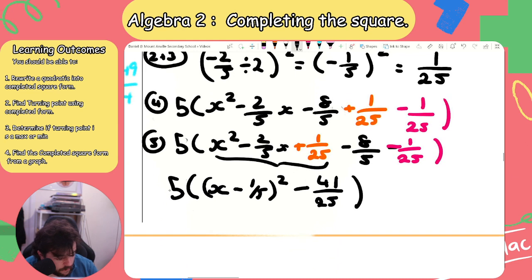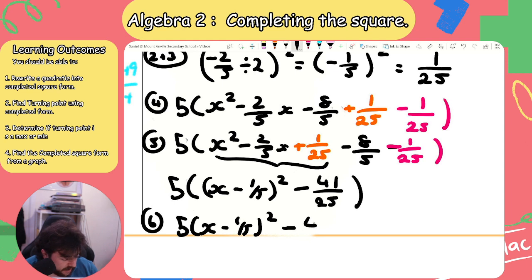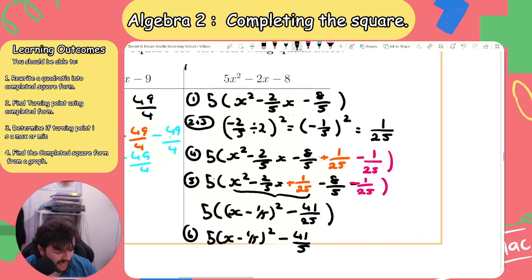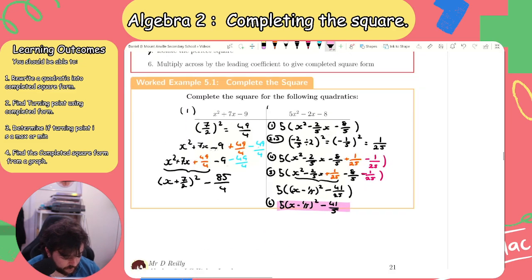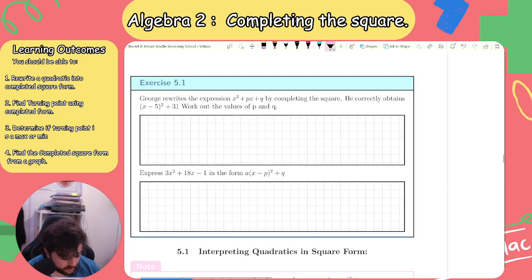Then finally, step 6, multiply in this 5 here. So I'm going to have 5 times (x minus 1/5) all squared, and 5 times minus 41 over 25 is just minus 41 over 5. And that is our completed square form right there. We have completed the square. Right, so let's look at some questions here.